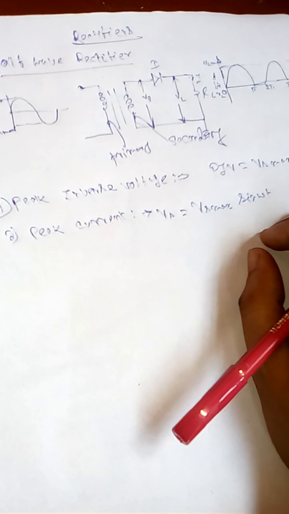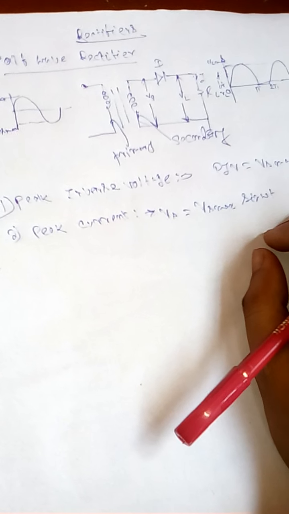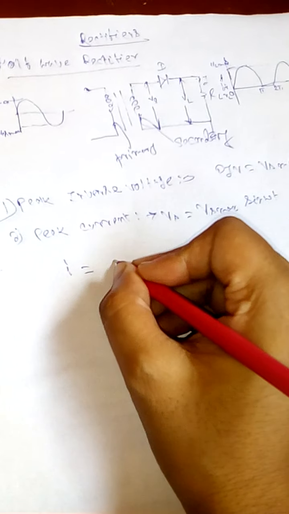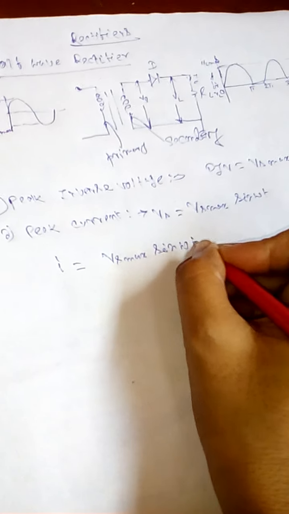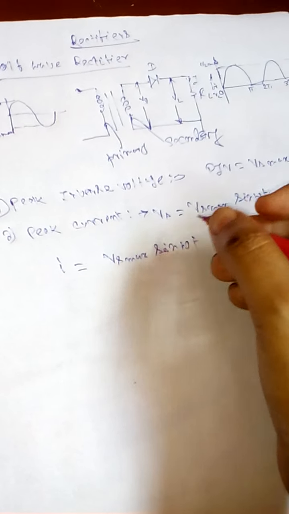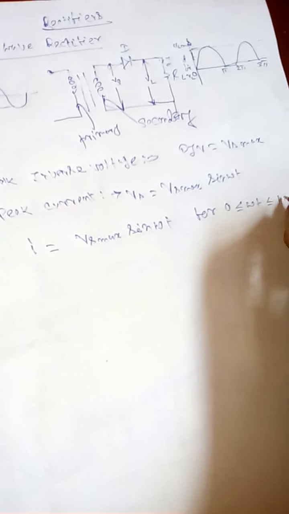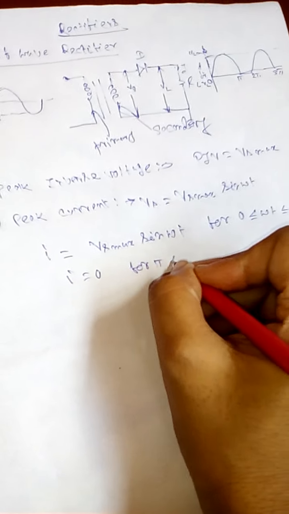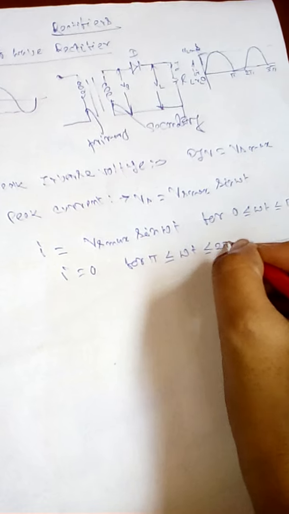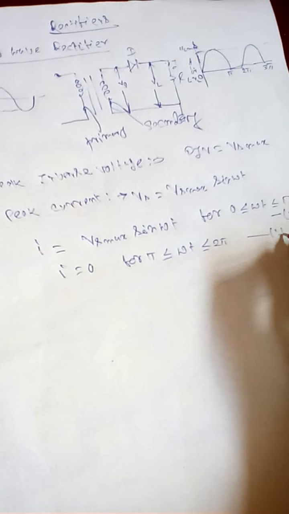If the diode is assumed to have forward resistance Rf and reverse resistance equal to infinity, then the current flowing through the diode and RL is given by I equal to Vs max sin omega t divided by Rf plus RL for 0 to pi, and I equal to 0 for pi to 2 pi.